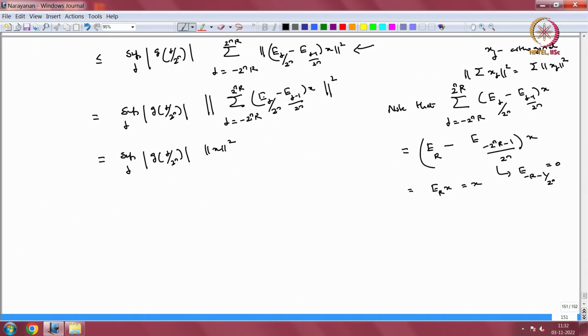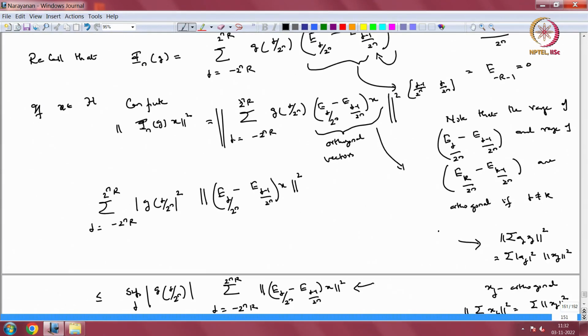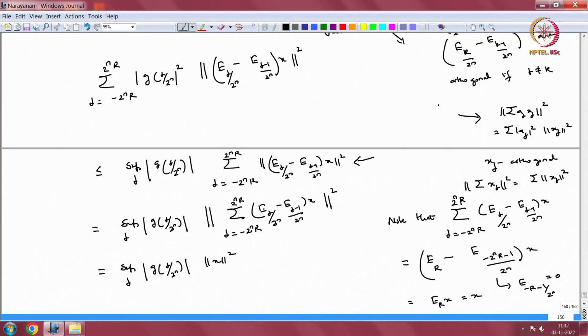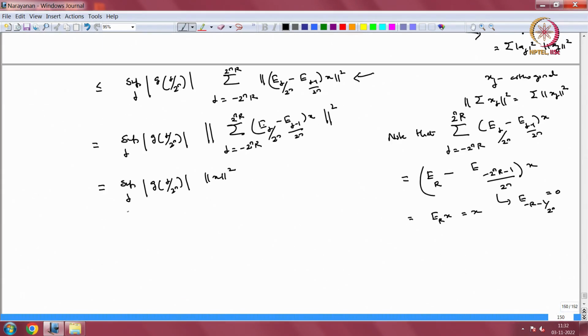All right. So, let's just look at it again. What we have done is, if you look at phi_n(g) x and look at the norm of this, then I have that the norm of phi_n(g) x squared is less than or equal to something about the supremum, which we will need later on also. So, keep that in mind, times norm x squared.